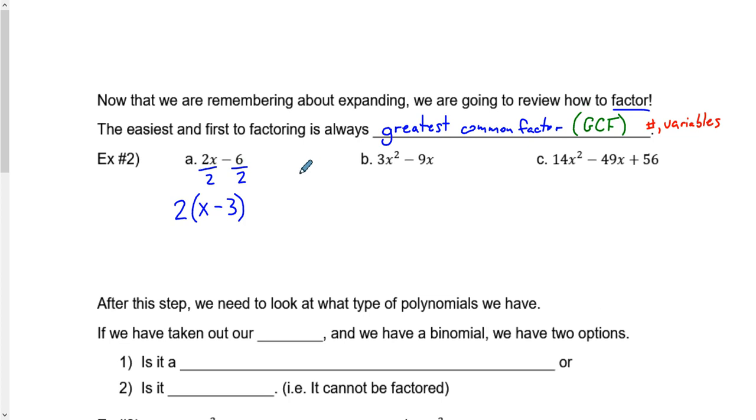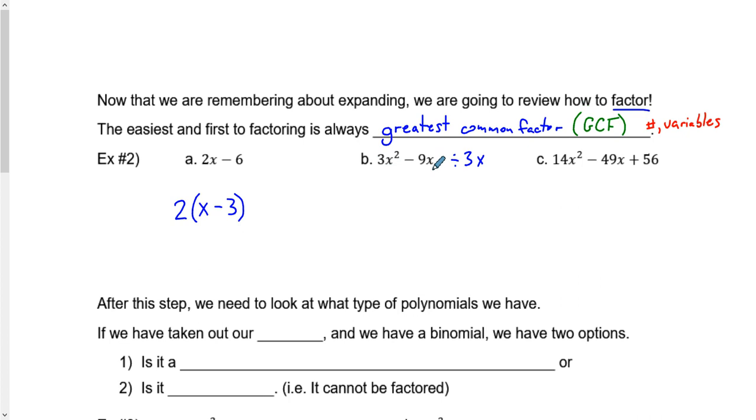And that's it. You don't necessarily need to write that division. You can just look and say, okay, I divide that by 2. I put my 2 out in front. I write my x, write my subtract 3, and we're all good. In our next one, I can divide them both by a 3 and by an x.